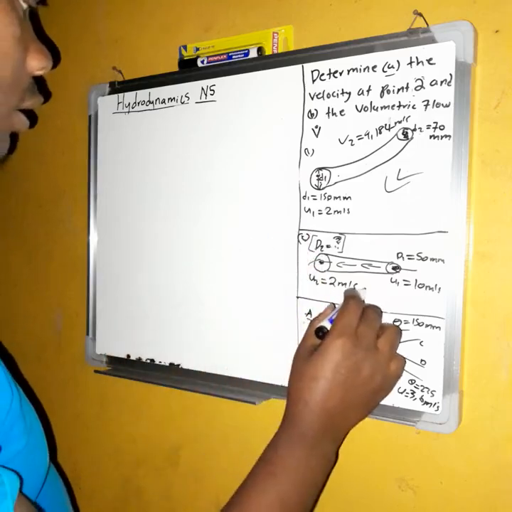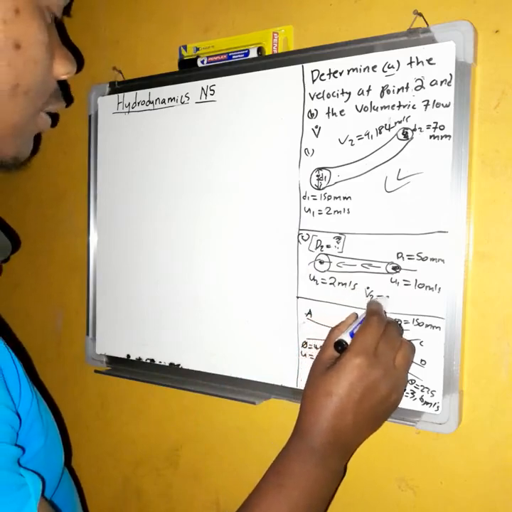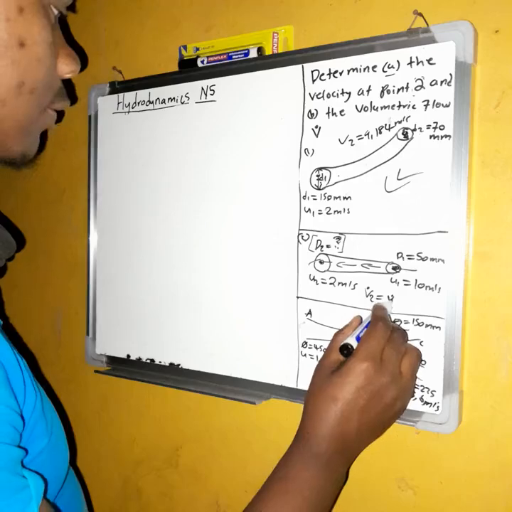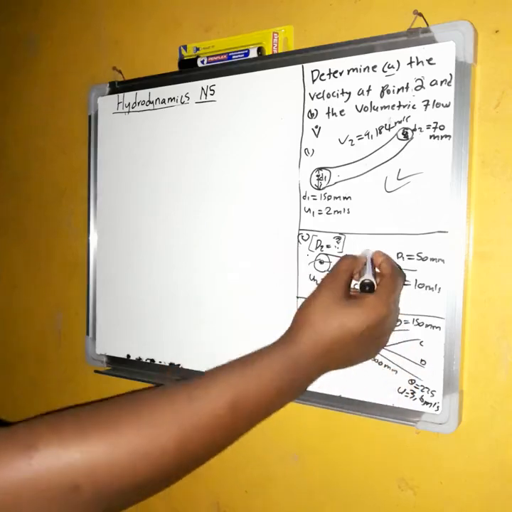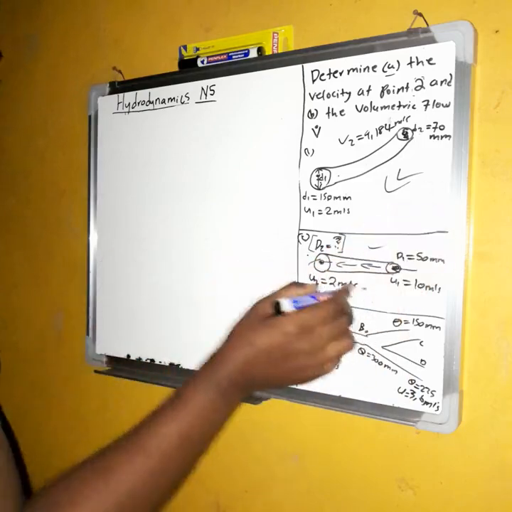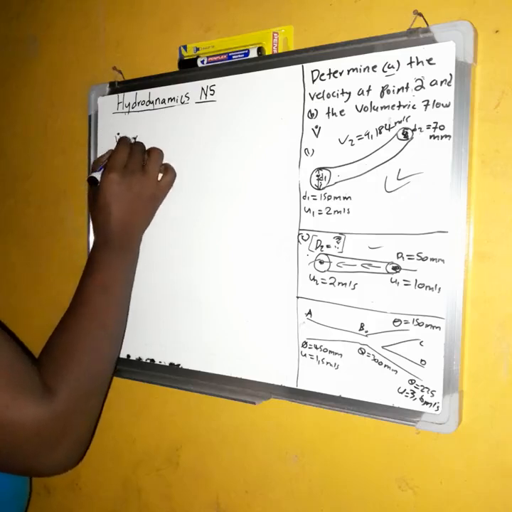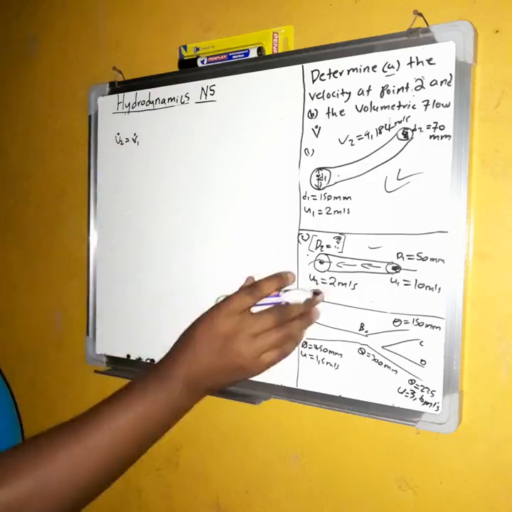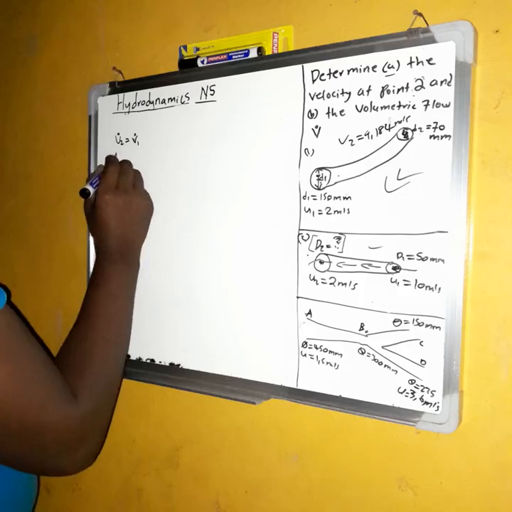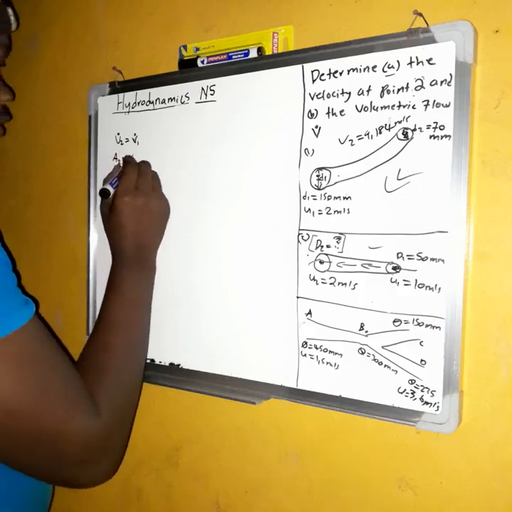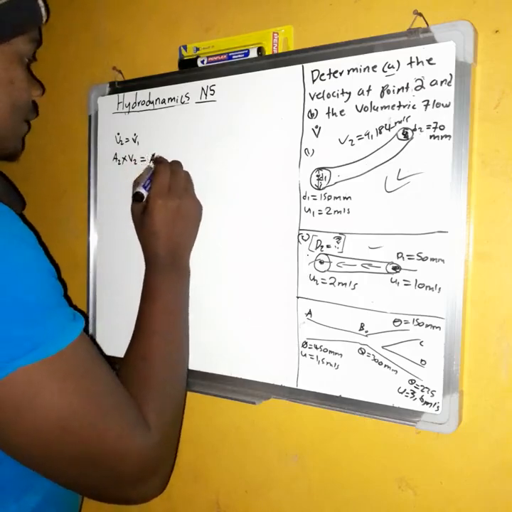We know that volumetric flow at 2 will be equal to volumetric flow at 1. So we'll apply this formula here. Volumetric flow at 2 must be equal to volumetric flow at 1. We know this is area 2 multiplied by velocity 2, which is equal to area 1 multiplied by velocity 1.